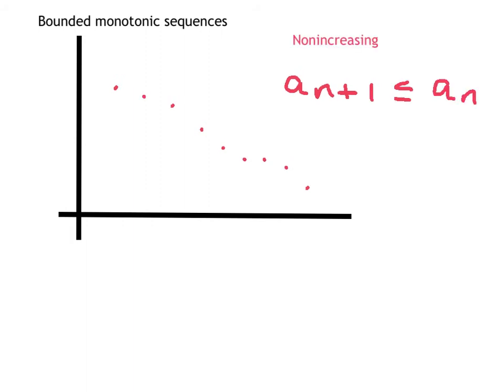So that's non-increasing. And non-decreasing is the opposite idea, namely that the n plus first term is always greater than or equal to the nth term. So maybe something like this.